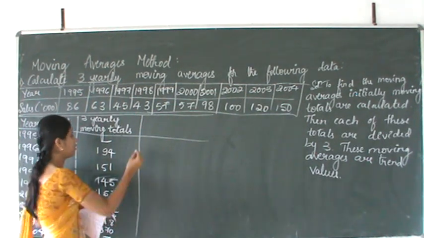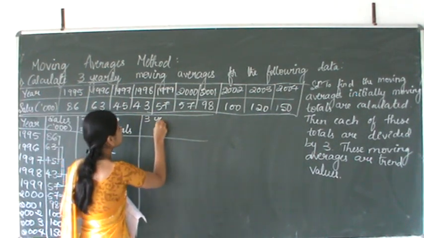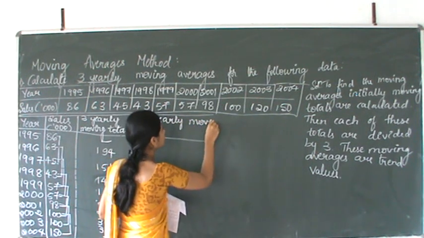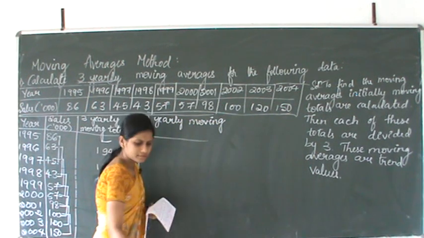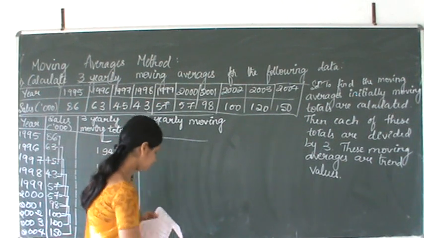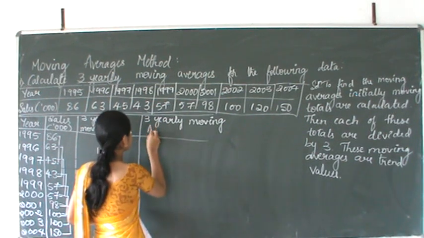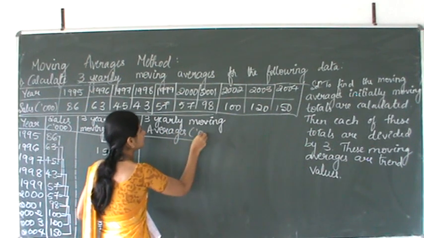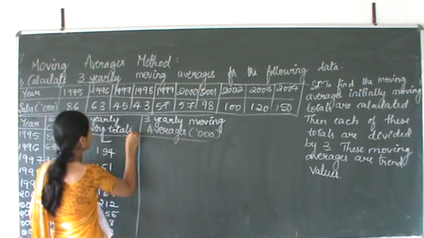So the next column will be 3 yearly moving averages.